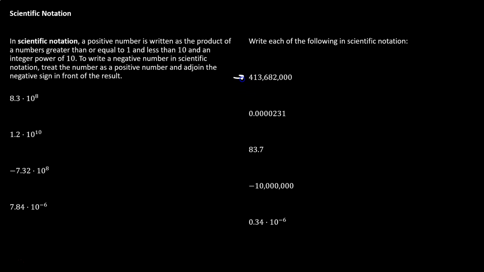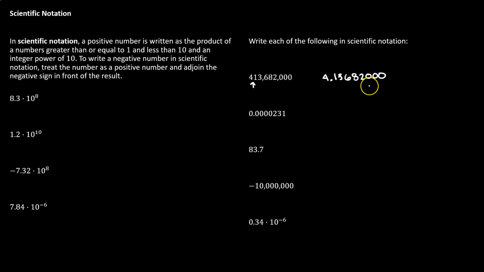Our first number. There's a lot of zeros here. These 3 zeros are unnecessary when we go into scientific notation. So remember, we're only allowed to have one digit to the left of the decimal. So I need to write my decimal after the 4. These 3 zeros on the right side of the decimal at the end of the numbers are not significant.